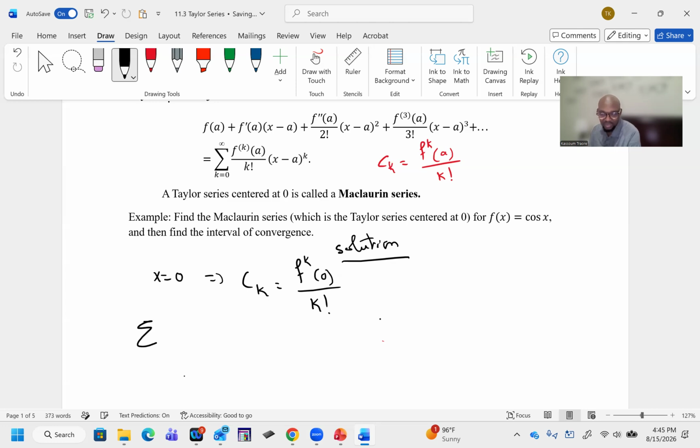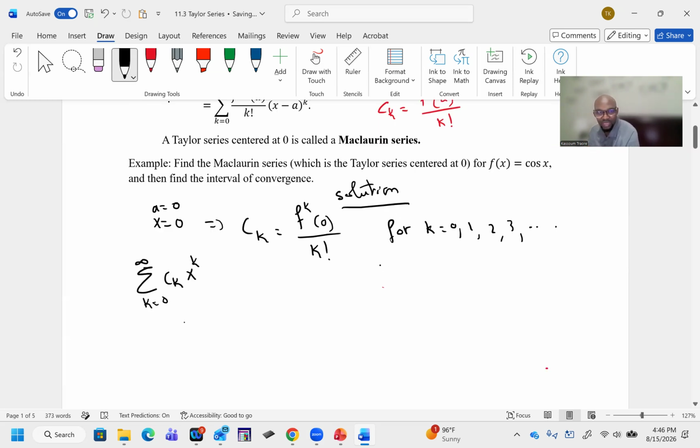The sum from k equals 0 to infinity of c sub k times x to the power of k, because a is equal to 0, right? So, of course, for k equals 0, 1, 2, 3, and so on. So now, let's go ahead and find my c sub k.